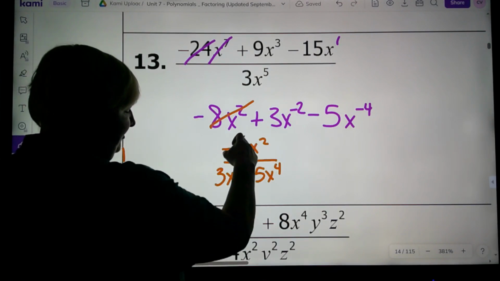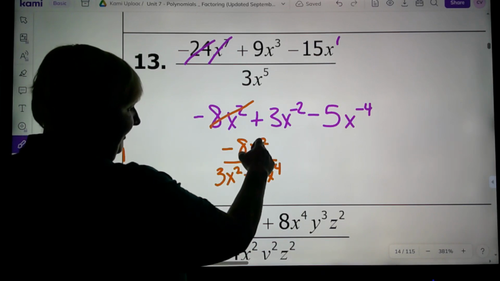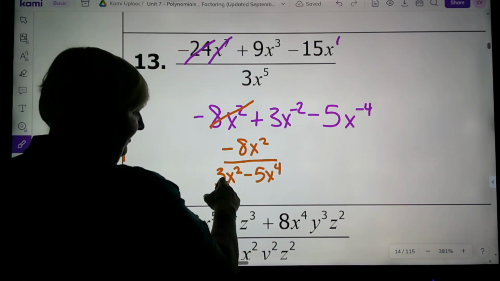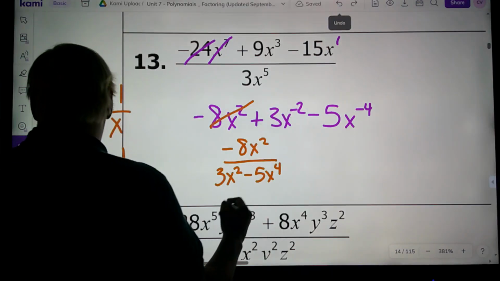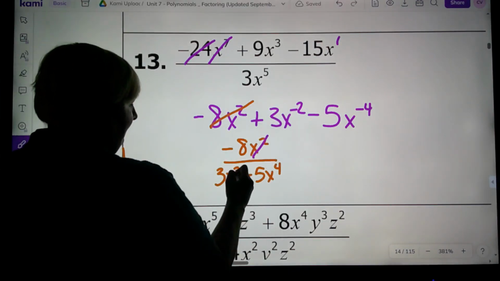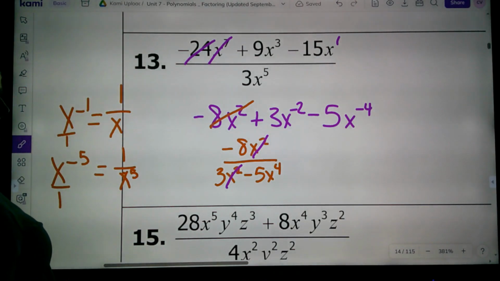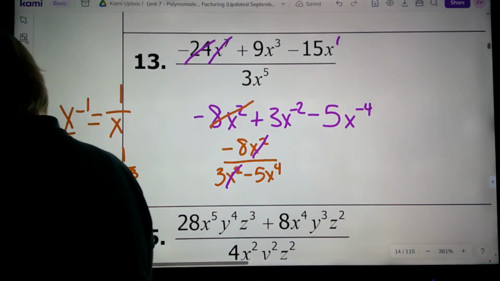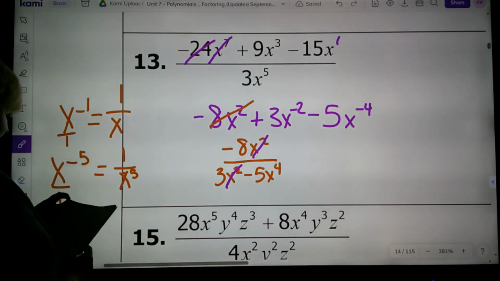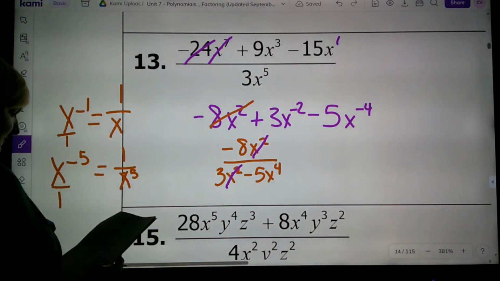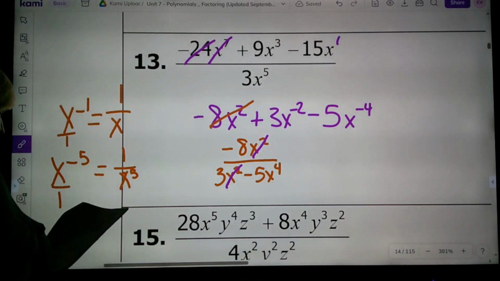It doesn't change the 8 and the 3, or the 8 and the 5, but x squared divided by x squared. So now you have to rearrange it. Let me make sure I'm doing that right.